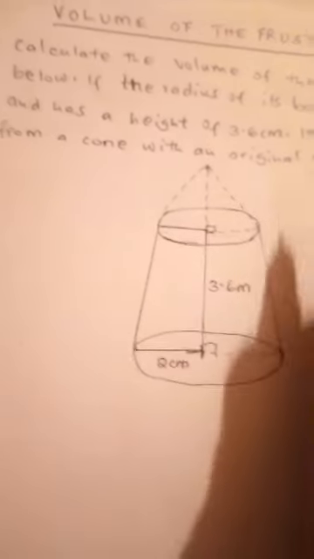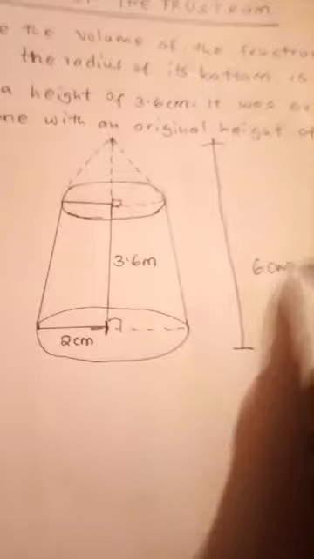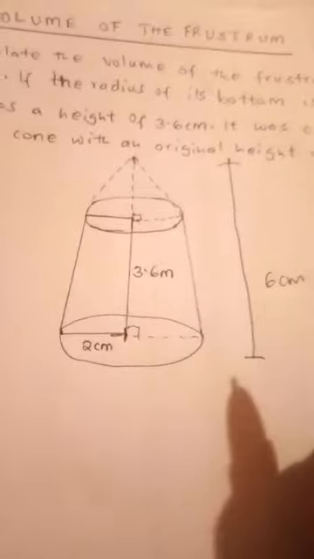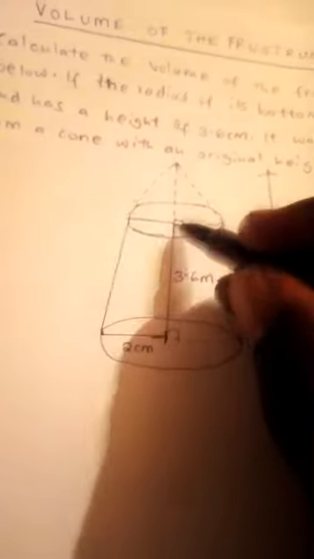We have been told that the full height of this cone is 6 centimeters. We can find the height of the smaller cone. So the full height is actually 6.